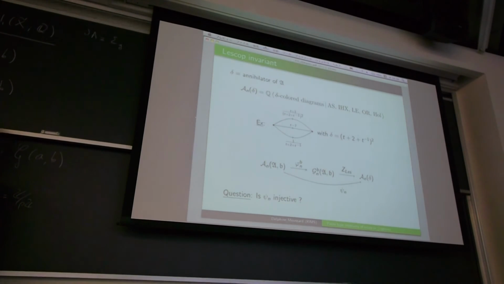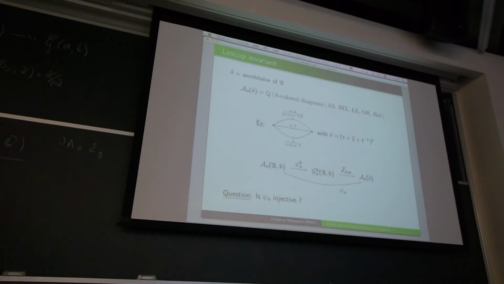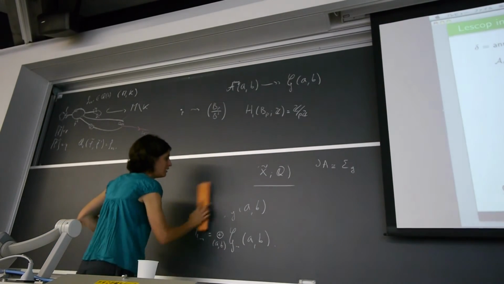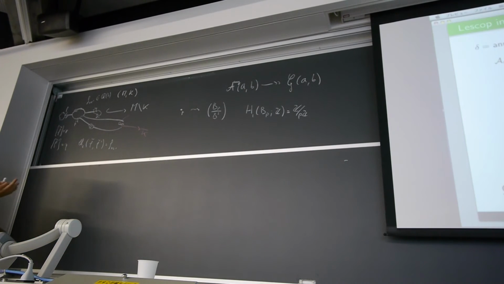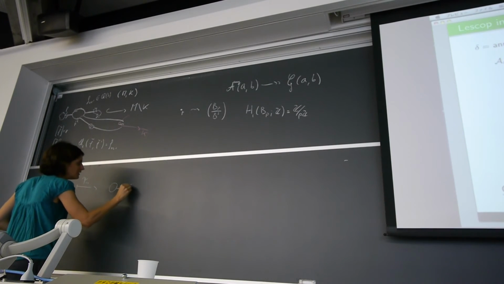Okay, now the interest of this map psi n is that it's quite easy to describe in terms of diagrams. If you take some univalent graph, maybe this one, its image by psi n, in this case psi 2, is given by the sum of all the possible closures of this diagram.